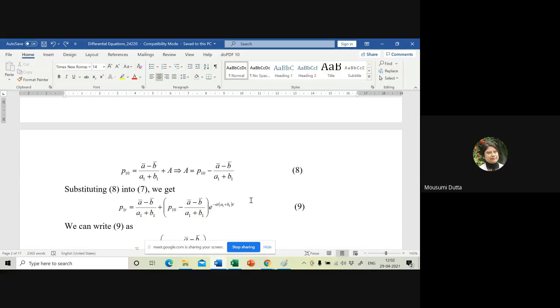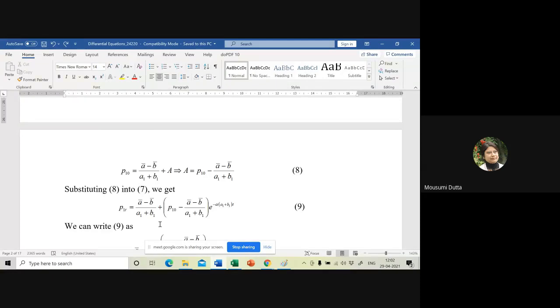In the next step, we will try to present the stability requirement. Now looking at this equation, what we are finding is that equilibrium will be dynamically stable if this P1t moves towards (A bar minus B bar) by (A1 plus B1). This is nothing but P bar. The stability requirement is as t tends to infinity, P1t will move towards P bar.